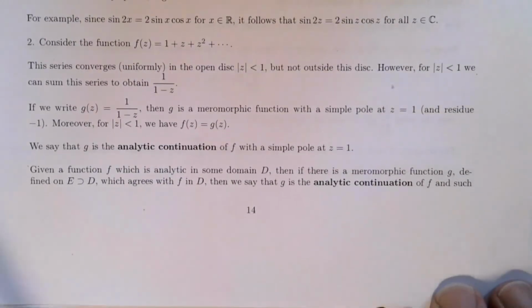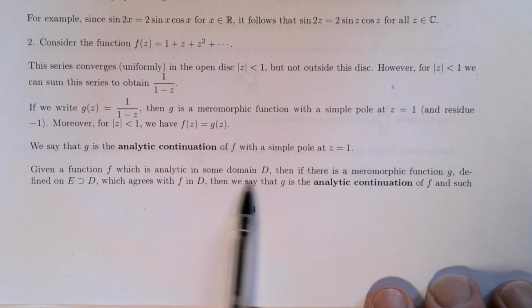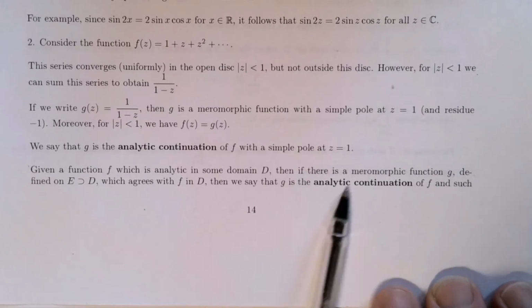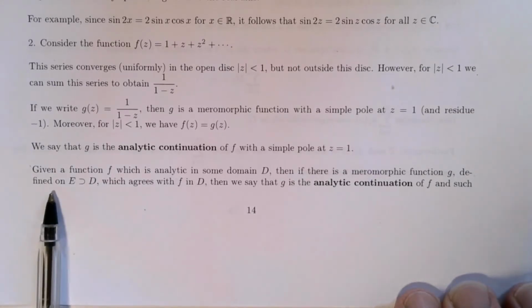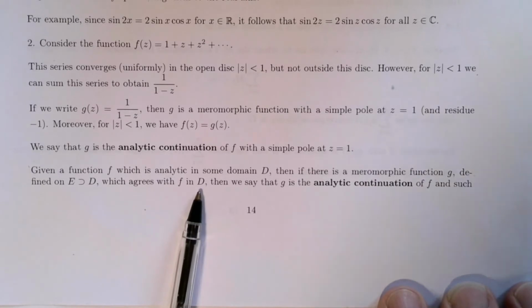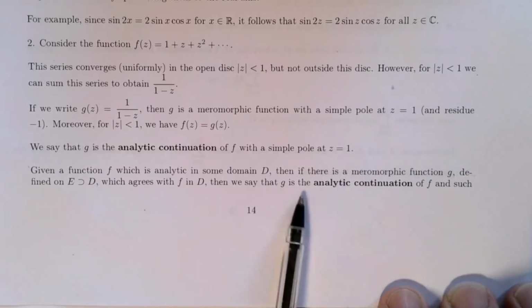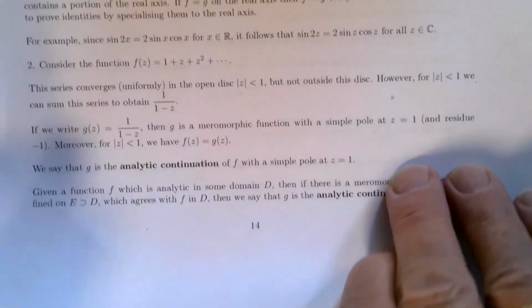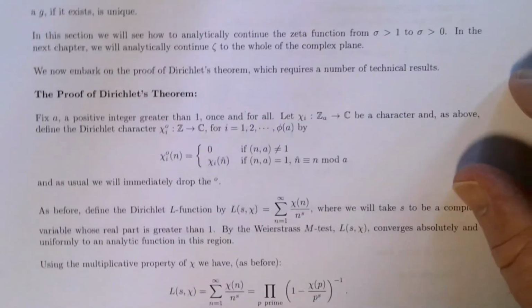More generally, given a function f which is analytic in some domain D, then if, and that's a big if of course, there is a meromorphic function g defined on some domain which contains D, and this function g agrees with f inside D, then we say that g is the analytic continuation of f. And what's more, if you've got such a g, then happily it is unique. Such a g, if it exists, is unique.